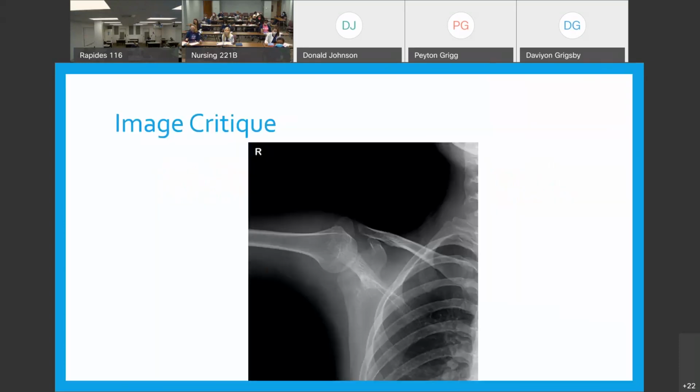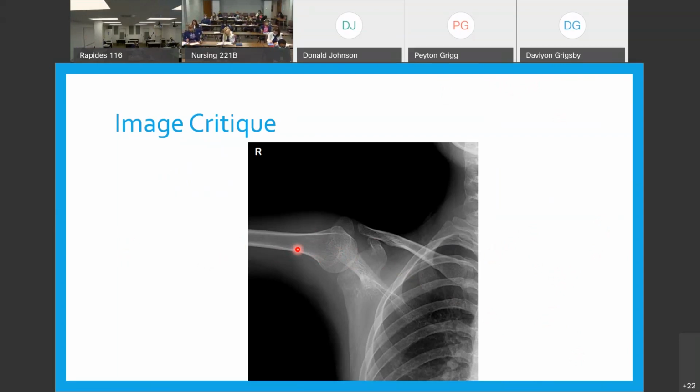Okay. All right. Image critique. What is it? Miss Deal, what do you think? Look where the arm is. So we know we did something with the arm going out this way, right?